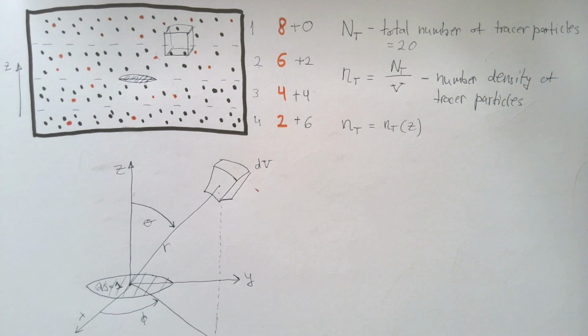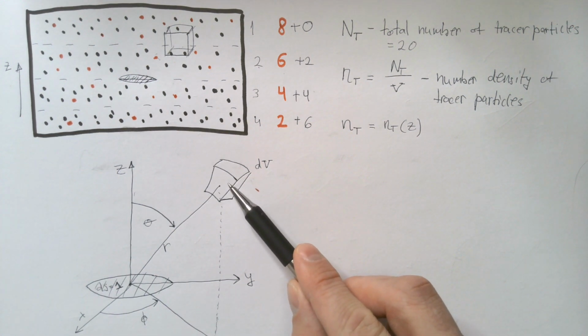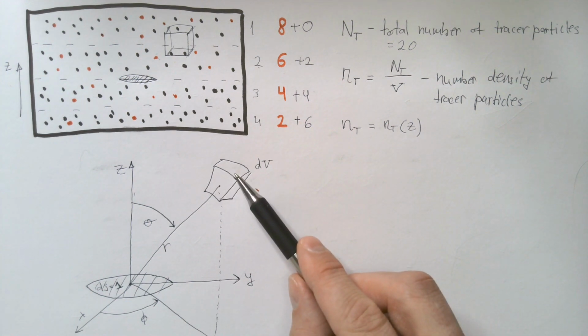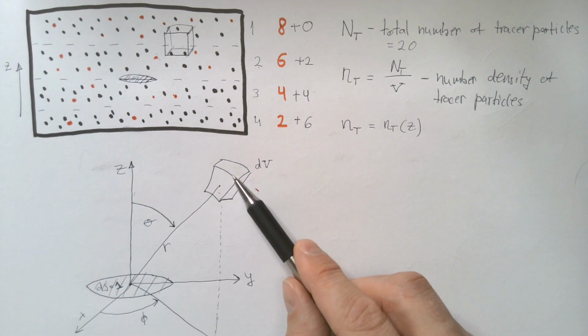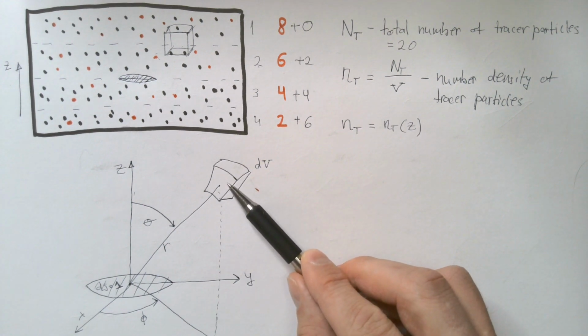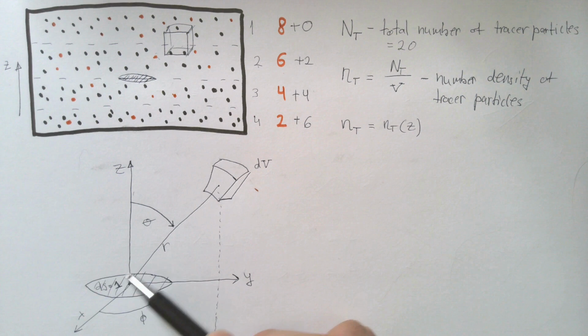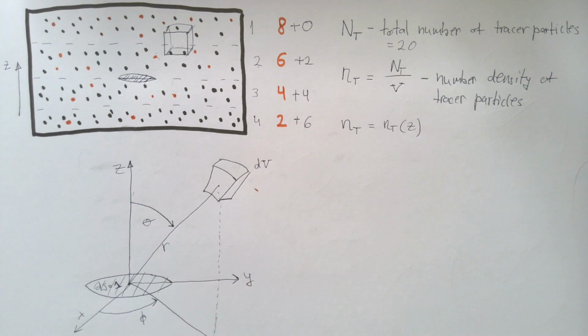Second, we will find the fraction of these tracer particles that after collision inside dv travel towards ds. And third, we will find the fraction of these particles that are traveling towards ds that will actually reach ds without colliding with some other particle on their way.